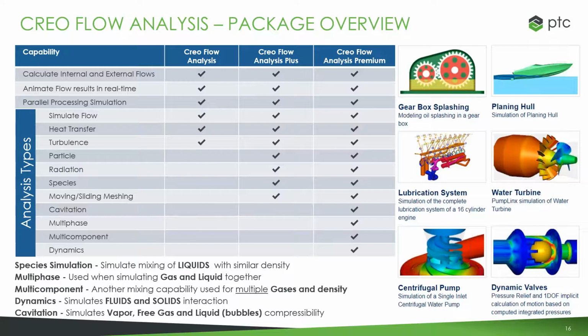One thing I would comment on, though, is if you're doing things like lighting problems, Flow Analysis Plus includes radiation. We didn't do it in this current example, but we're talking about infrared heat transfer, which actually uses a ray tracing solver. It's running basically two solutions in parallel. That would be a good thing to get if you are dealing with high power things like LEDs.